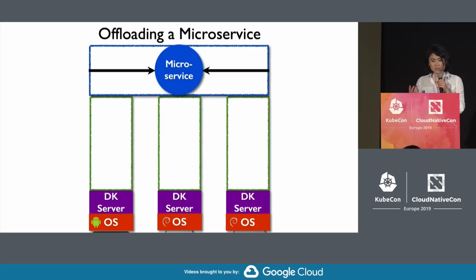So we can do something similar for offloading. This is where the microservice might be running on some node that doesn't have as much computational ability as it might like. So in the Amino runtime case, this could actually be an edge node or a mobile device.